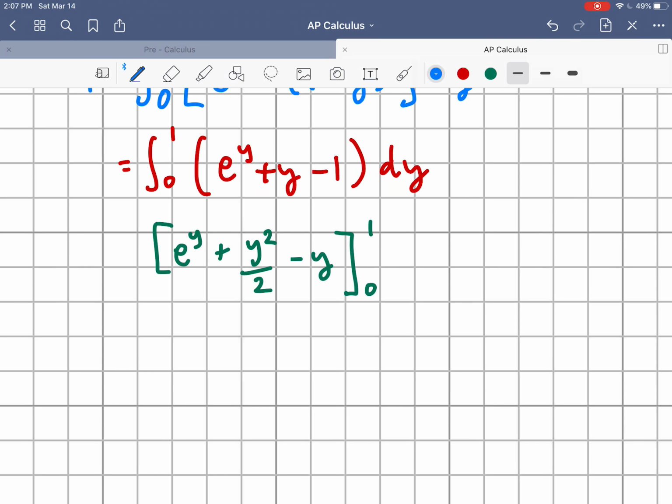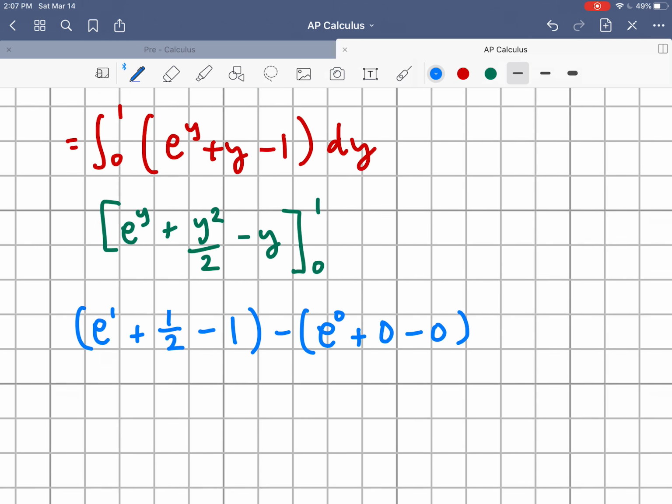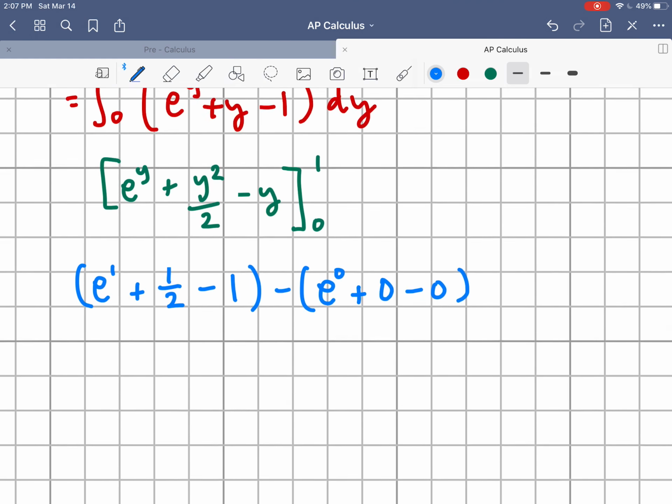Let's plug it in. So we have e to the first power plus 1/2 minus 1, close parentheses, minus, open parentheses, e to the 0 plus, if I plug in a 0 into y squared over 2, that's going to give me 0, and then minus 0. So in reality, this is what we have.